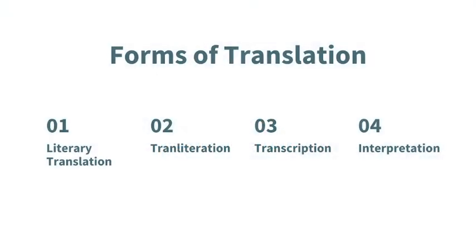Literary translation, that is word to word translation. Transliteration. Now, this is very interesting. When you type a WhatsApp message in English script, but the language is Hindi. Say, for an example, I am coming late.